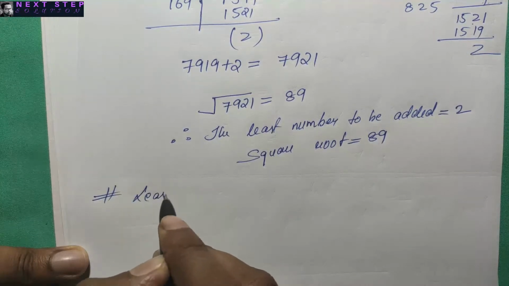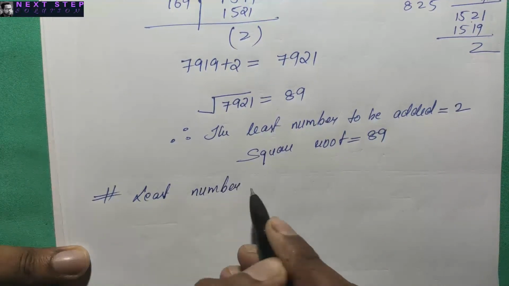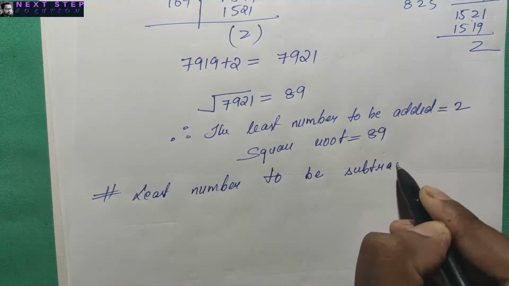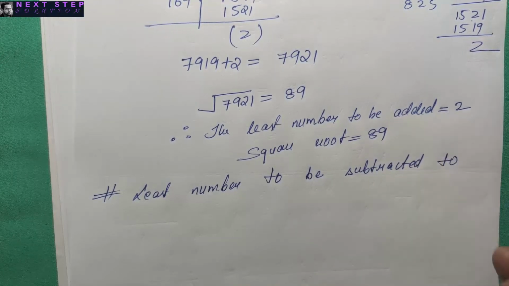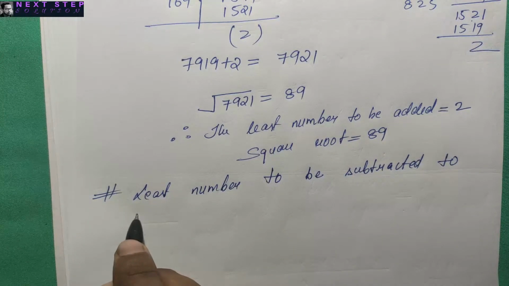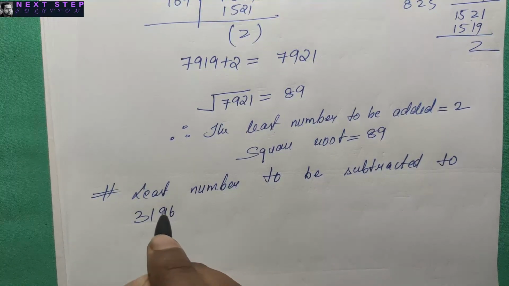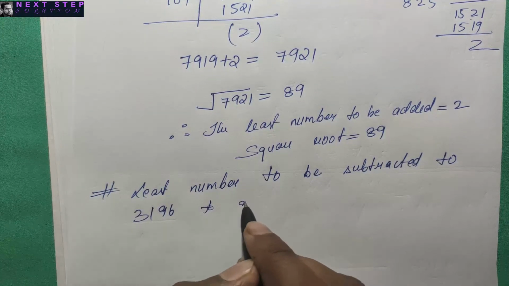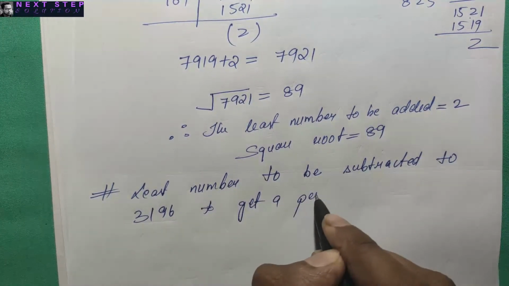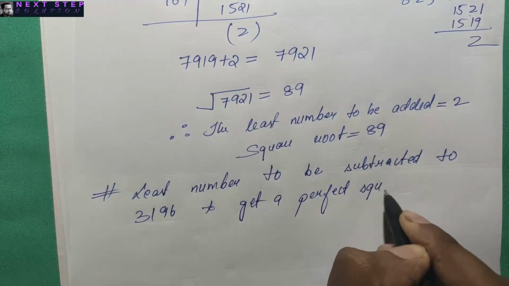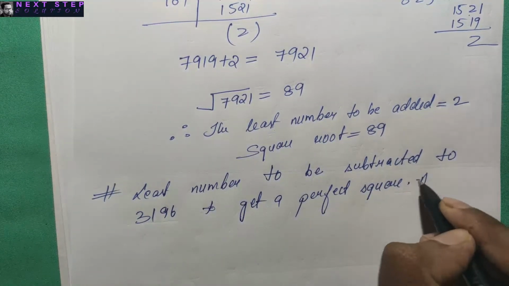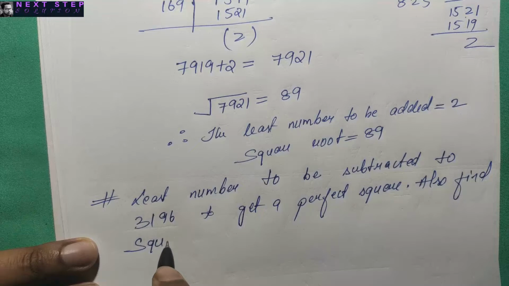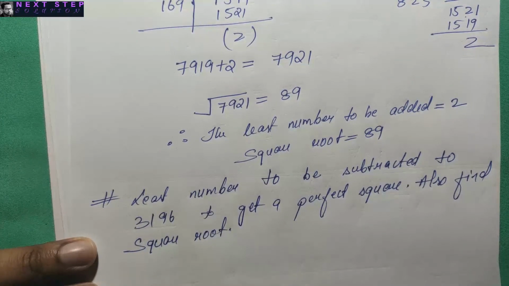Least number to be subtracted from, say any number, let's take 3196, to get a perfect square. Also find the square root.